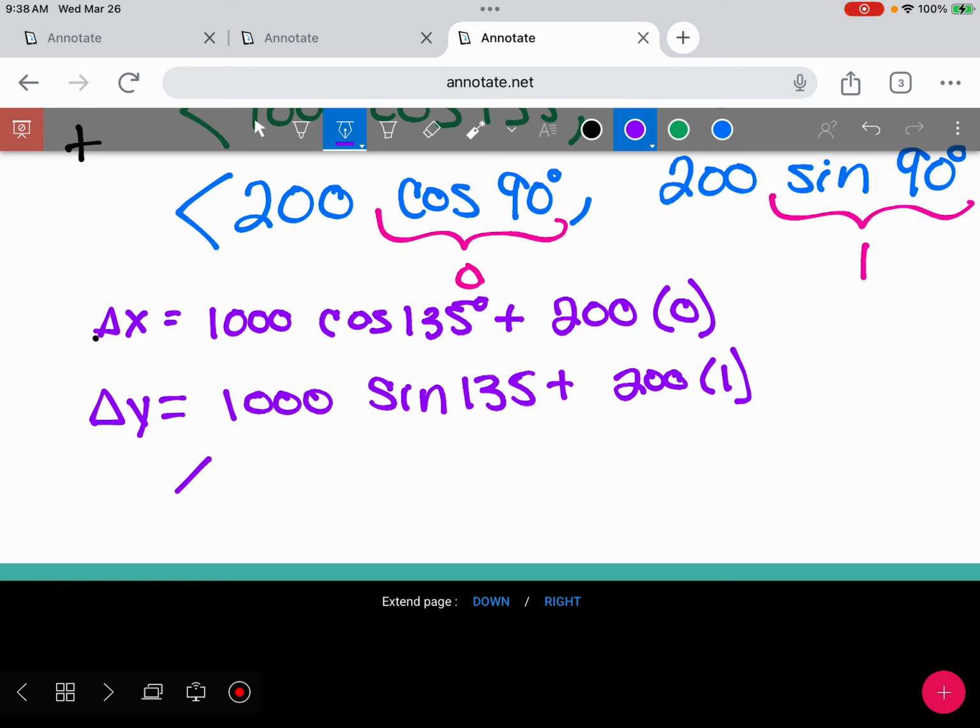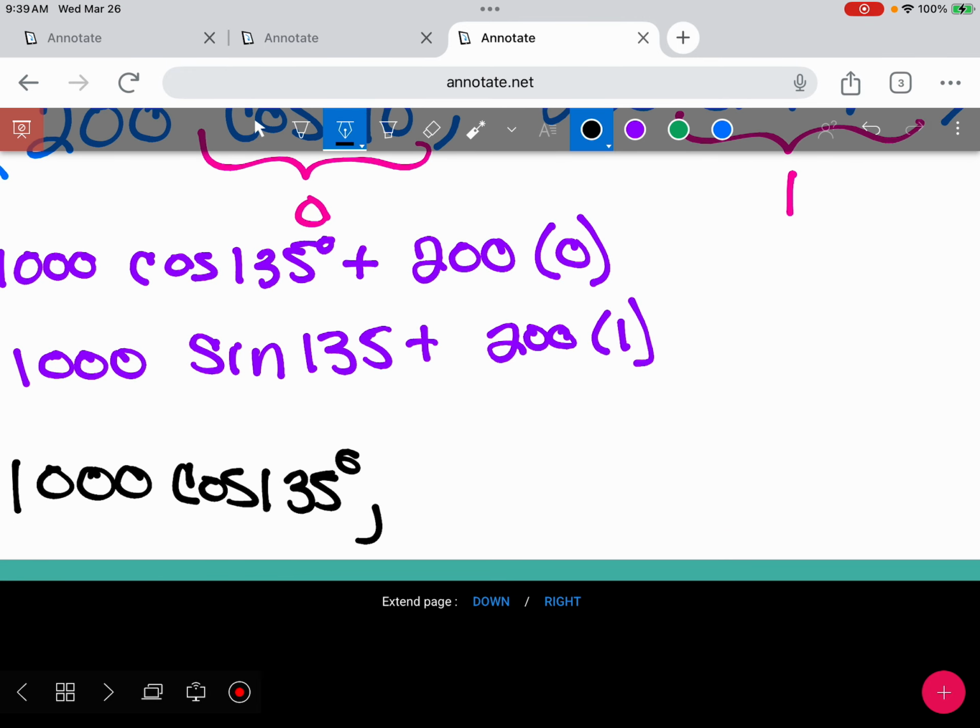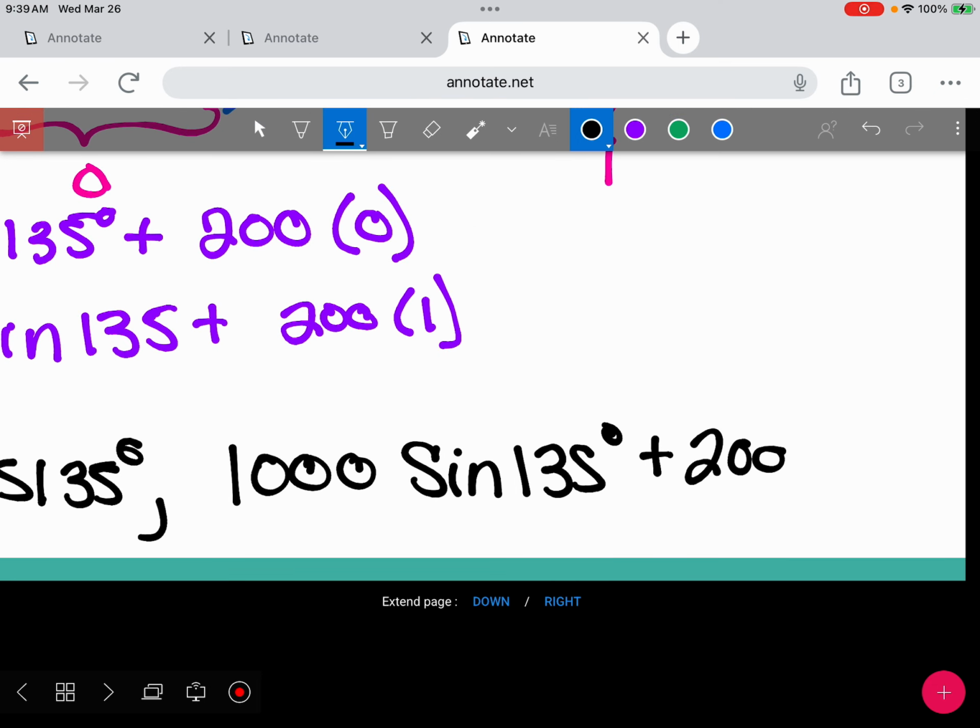So when we combine these together into our component form here, we can simplify this a little bit because 200 times 0 is 0. So it's just going to be that 1,000 cosine of 135. And our y's, it's going to be a little bit of a mess, but we have our 1,000 sine of 135 plus 200 times 1, which is 200.